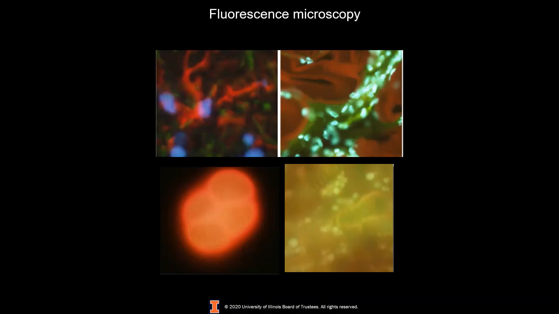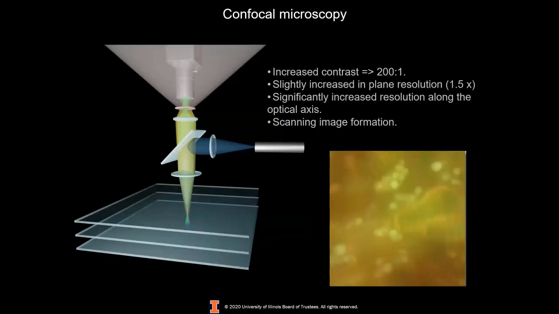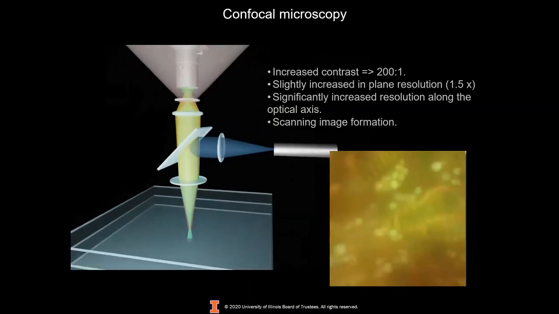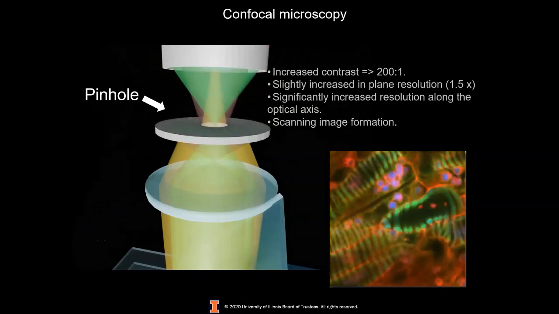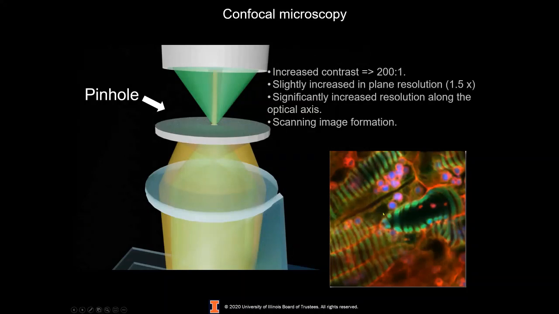In 1957, Marvin Minsky patented the idea of the confocal microscope, where a pinhole is placed just in front of the detector. The role of this pinhole is to block most of the light coming from out of focus regions of the sample. The more we close the pinhole, the more out of focus light we block, and that increases the contrast ratio between focused and unfocused light, making the images look much sharper.